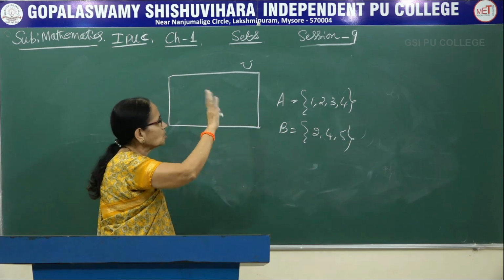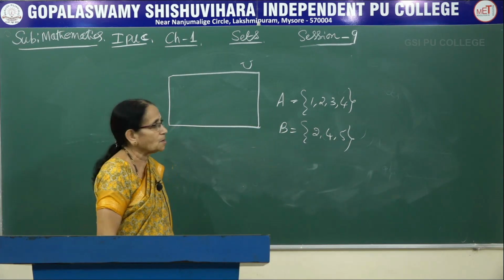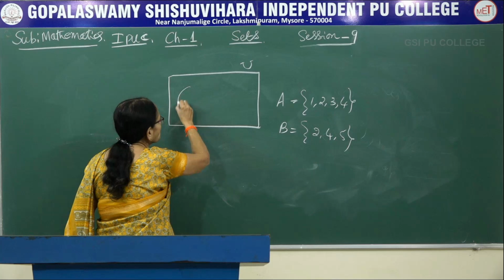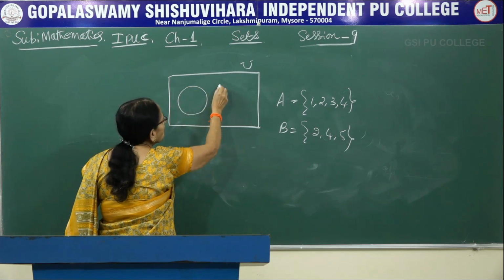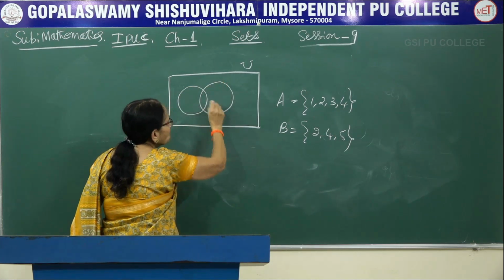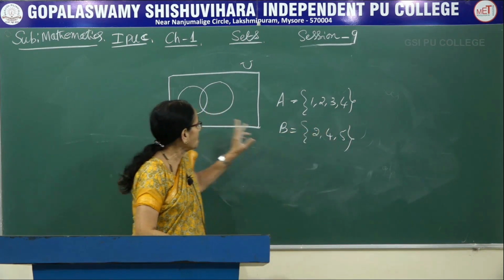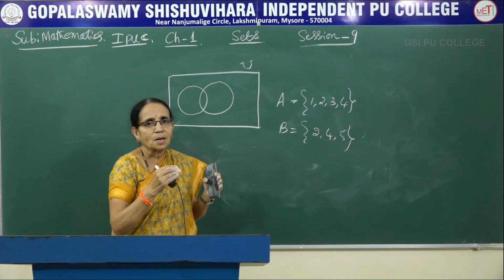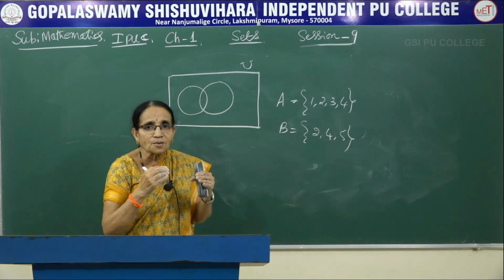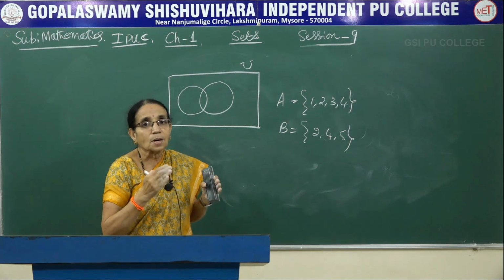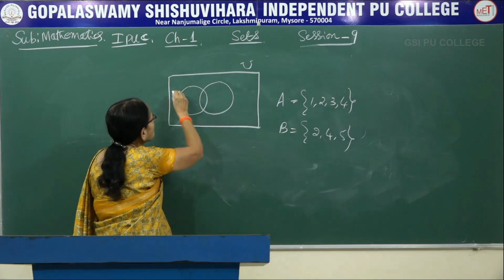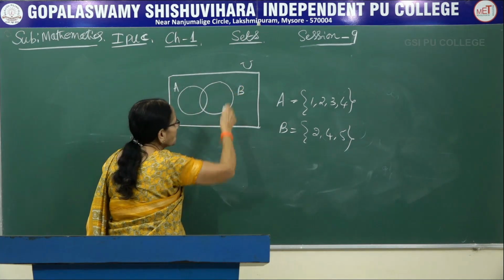Let me consider the universal set to contain 1 to 10. Now A is a subset here and B is a subset. By looking at the sets, I can say there are two common elements, 2 and 4. That means the sets should be drawn in such a way that they are intersecting with each other. They should cut each other. So let me take it as A, let me take it as B.